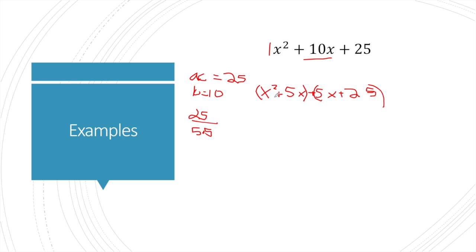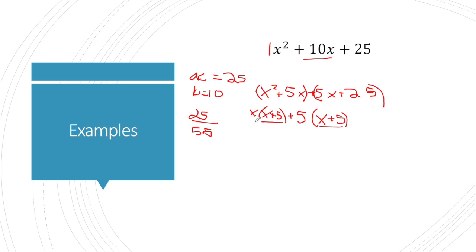The greatest common factor of x squared and 5x is going to be x. The greatest common factor of 5x and 25 is going to be 5. I know I've factored correctly because these are the same.